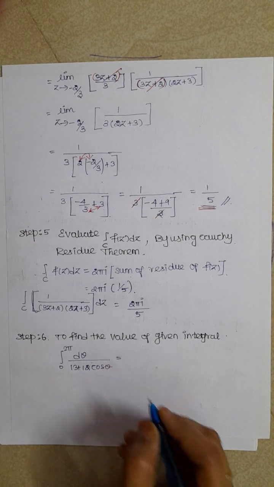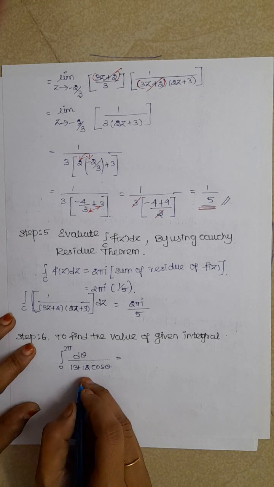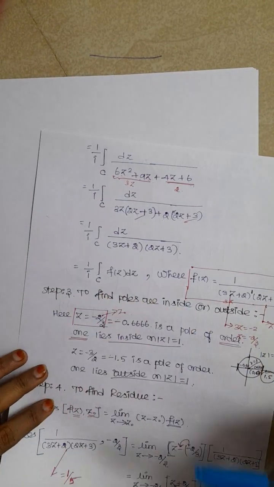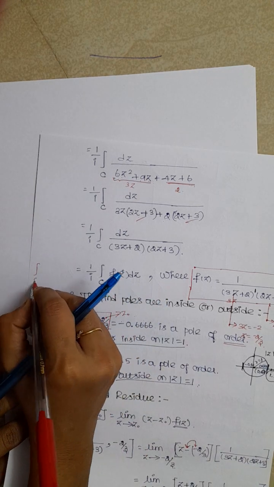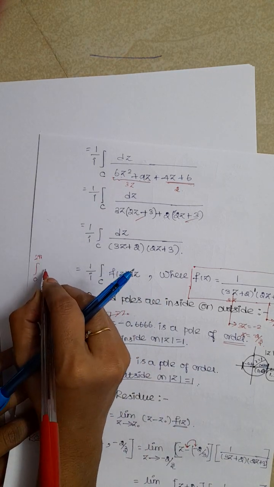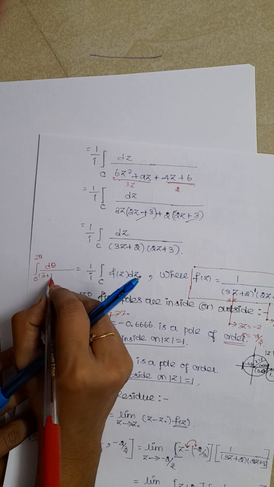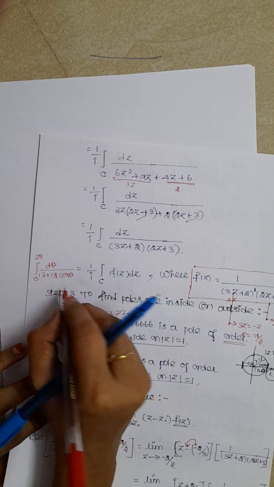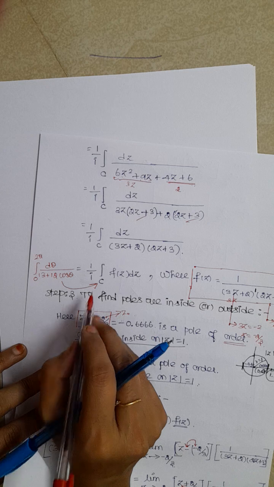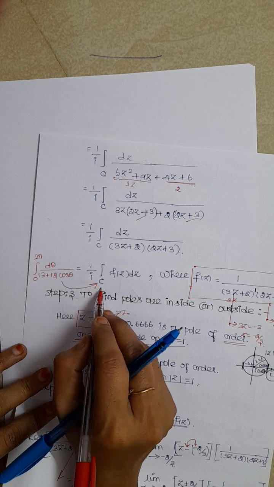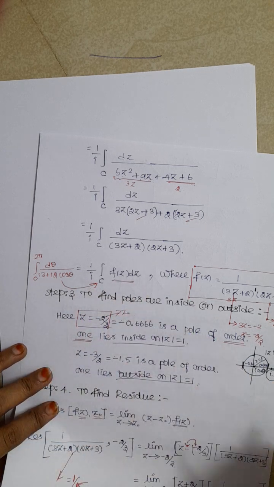So the given integral, the right hand side value, integral over 0 to 2 pi d theta divided by 13 plus 12 cos theta, is equal to 1 by i integral over C of f(z) into dz.